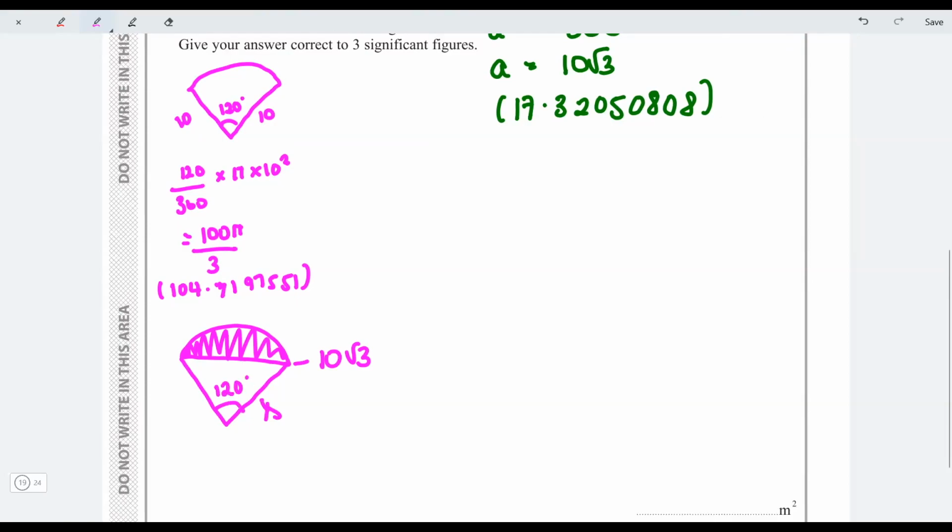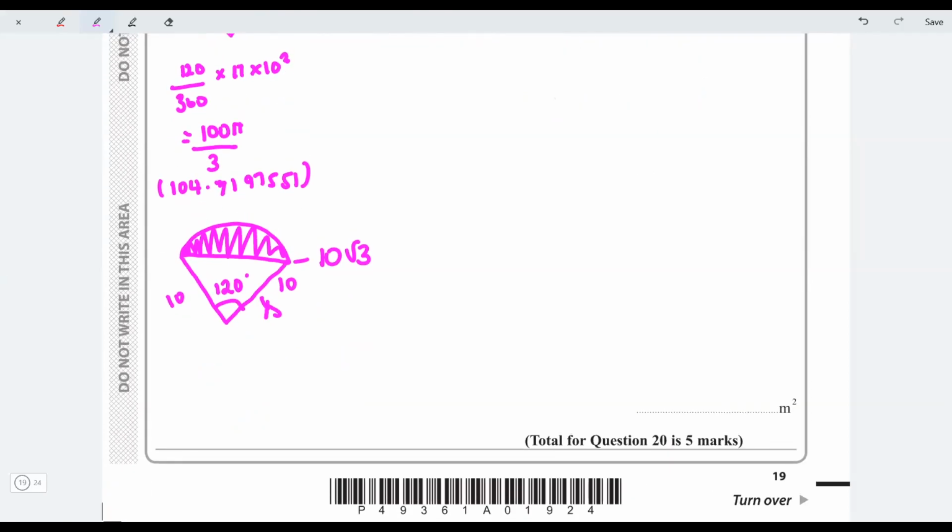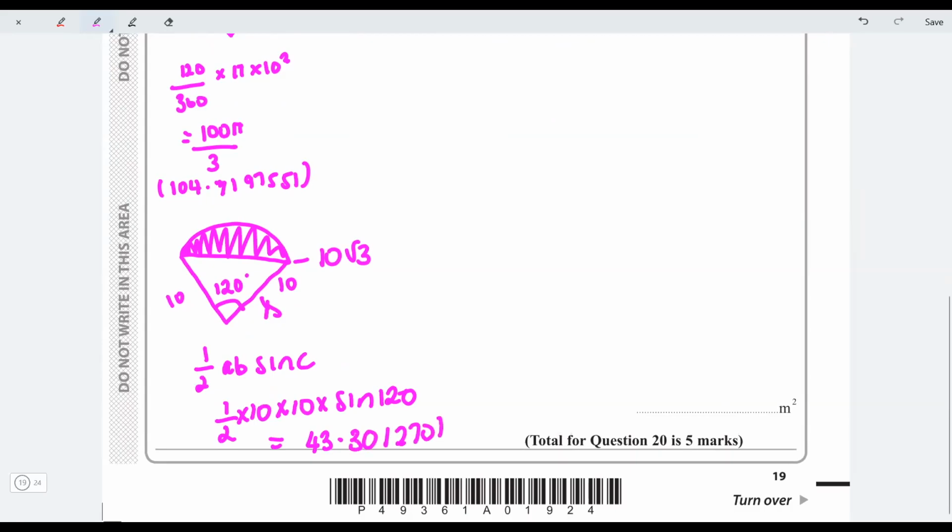Got a lot going on here. That's 120. That's 10 and 10. Right, area of a triangle is a bit different than the sector because it's a half ab sine C, isn't it? Let's just use that. So a half times 10 times 10 times sine 120. Right. That there is 43.30127019.